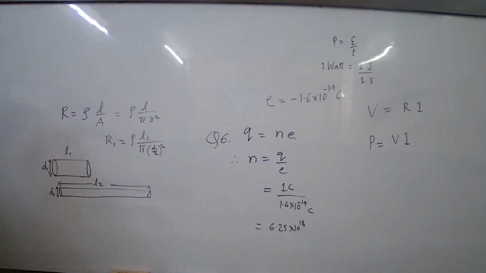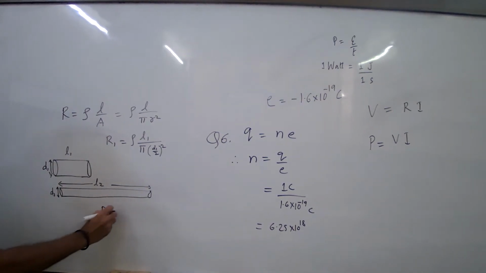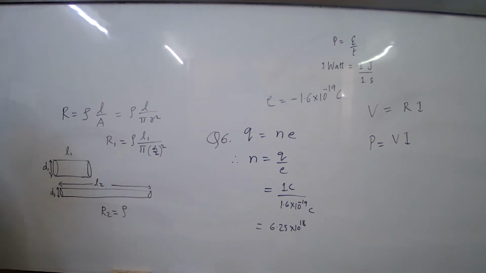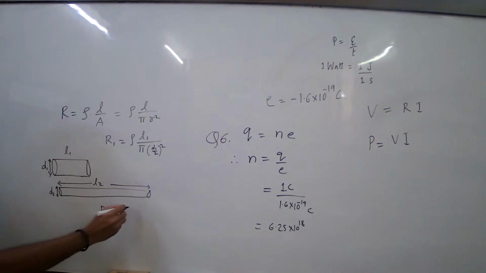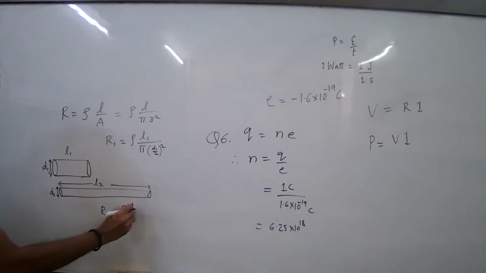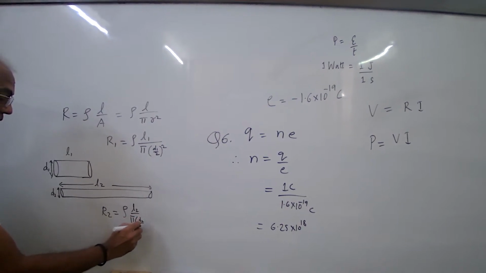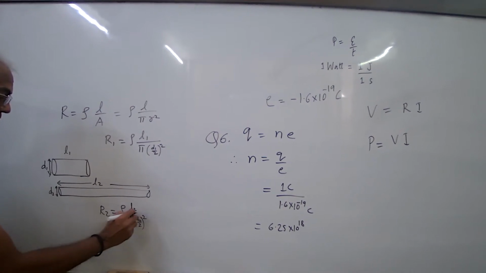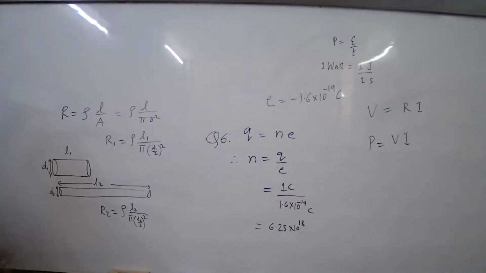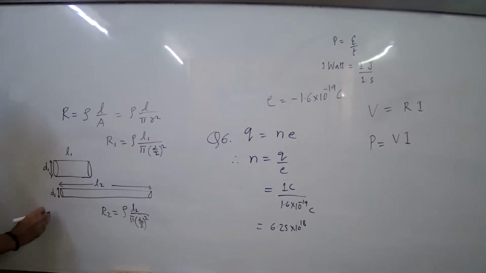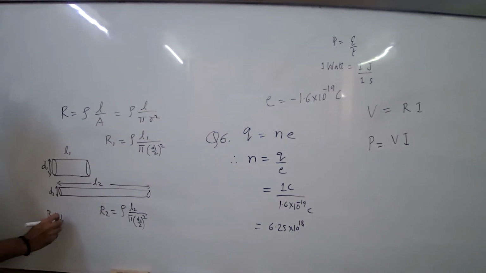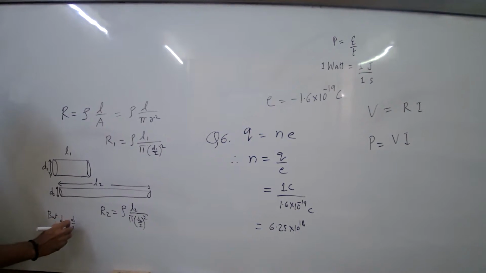What will be the resistance in the second case? Resistivity will not change. It is a constant for a given metal. So this will be L2 divided by pi, D2 by 2. But what is given in the question? D2 is half of D1, D2 is equal to D1 by 2.